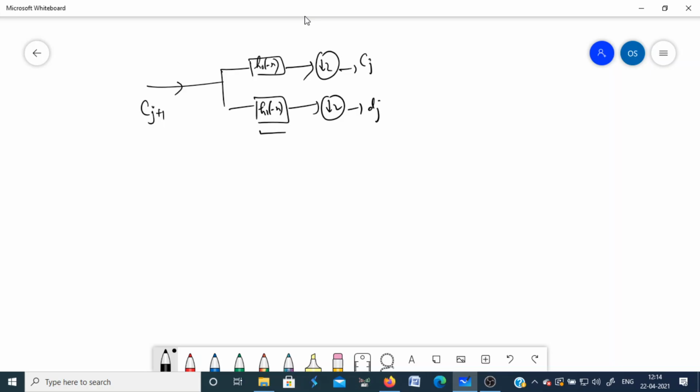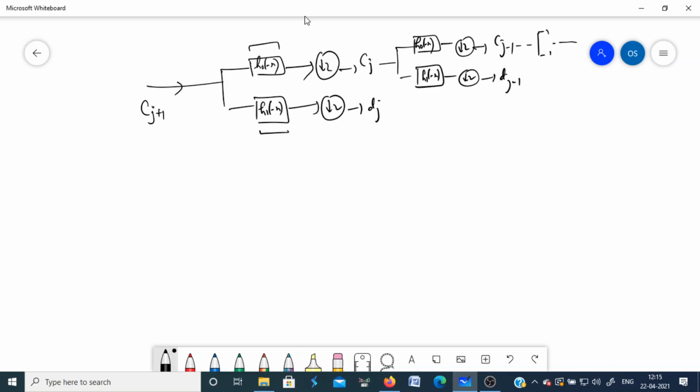The output of the wavelet filter gives you detailed coefficients, the output of the scaling filter gives you approximation coefficients, and then these are further decomposed like this. Again we have H0 of -n, H1 of -n, decimation by a factor of 2, and you get Cj-1 and Dj-1, and so on.